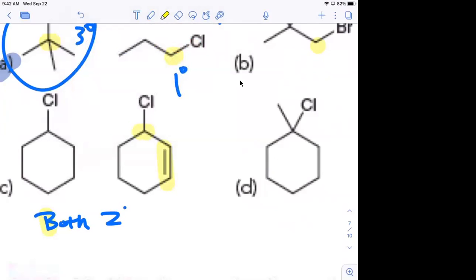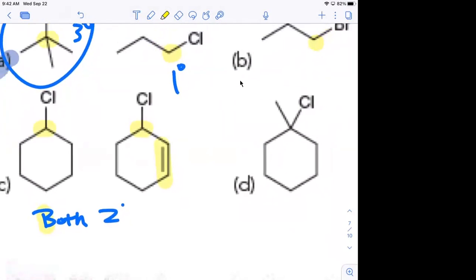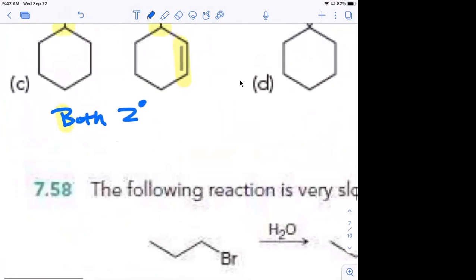This one isn't. What can that allylic system do if I put a plus charge where that chlorine is? Take the chlorine off and make that carbon positive. Resonance, which offers what? Stability, right?